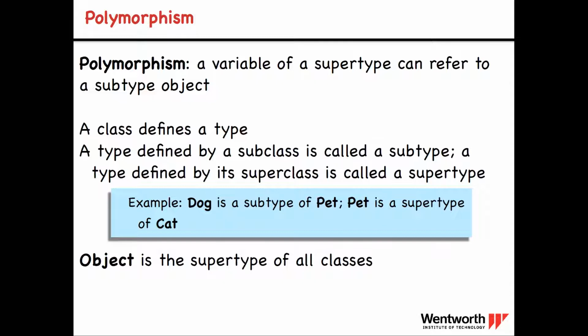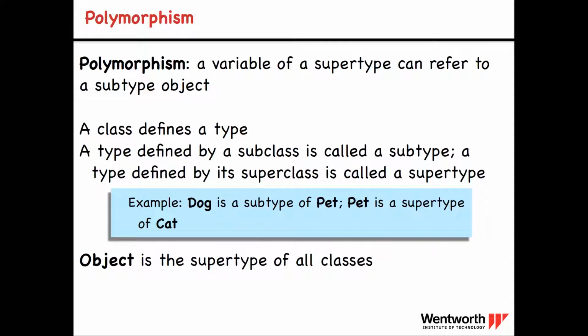So remember that a class defines a type. A dog is a type, just like a double is a number. A dog is a more complex type that might have some numbers and some strings associated with it. So a class just defines what a more complex type is. A type defined by a subclass is called a subtype, and a type defined by a superclass is called a supertype.